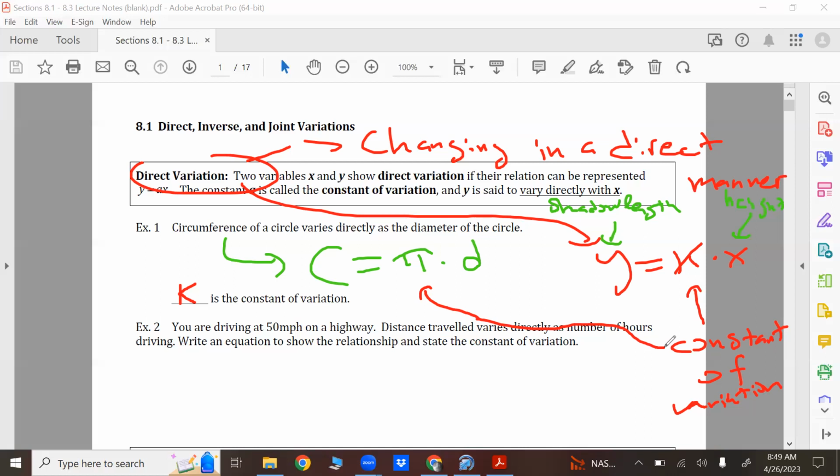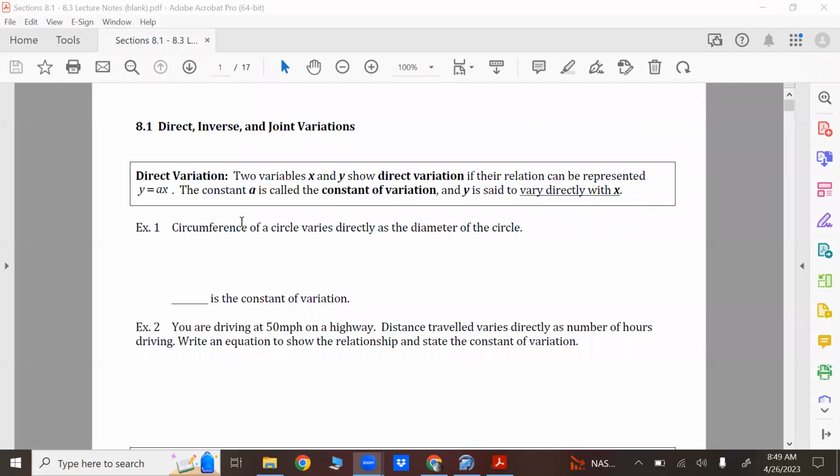So if you make $20 an hour, if you work more hours, guess what? You make more money, right? So the amount you make is $20 times time. That's your constant of variation, right? Your amount goes up if you work more hours.